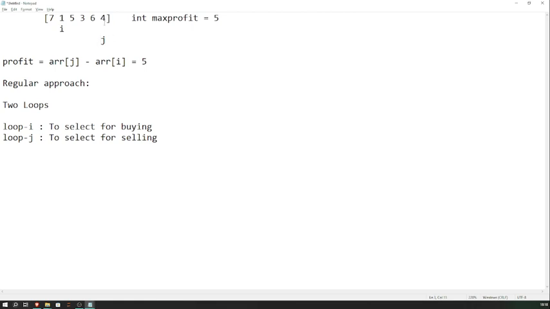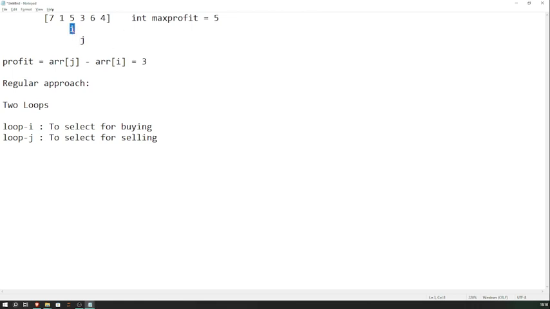Then again sell on 4, 4 minus 1 is 3, but maxProfit is 5, so we will not update maxProfit, and profit will remain 3.